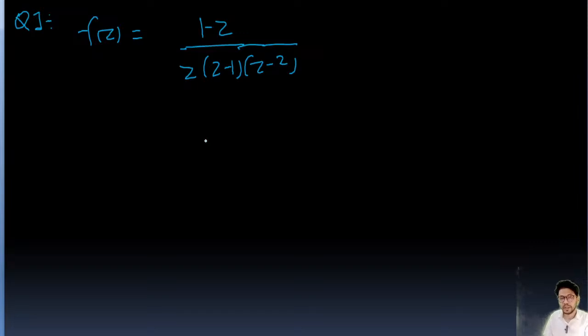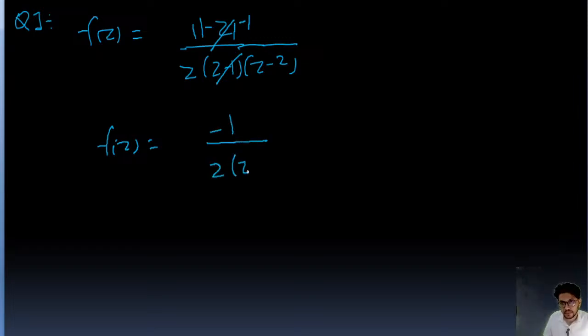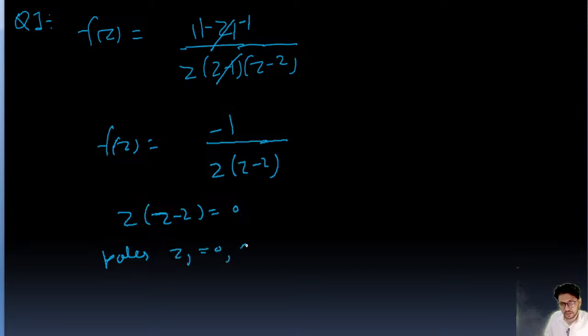Okay, so here this is going to get cancelled, guys. This will cancel by minus 1 times, right? So f(z) is going to be minus 1 upon z into (z minus 2). So this is the function f(z). Now we can easily find the residue. z into (z minus 2) is going to be 0, so the poles are going to be z equal to 0 and z equal to 2.